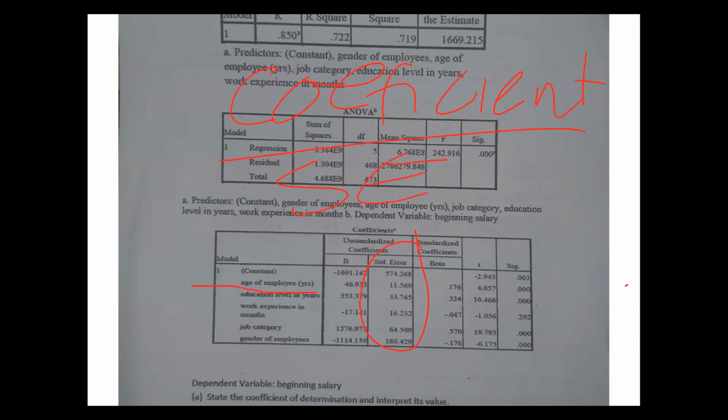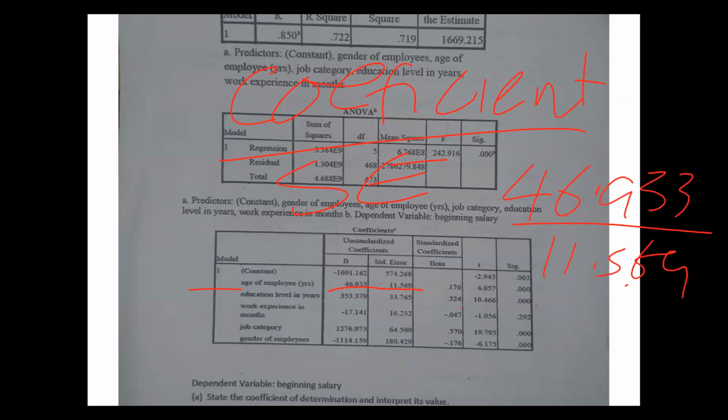Then you compare it with the t you get from the table. This is the calculated t: just divide the coefficient by the standard error. For example, for age, I'm just doing one, you say 46.933 divided by 11.569.